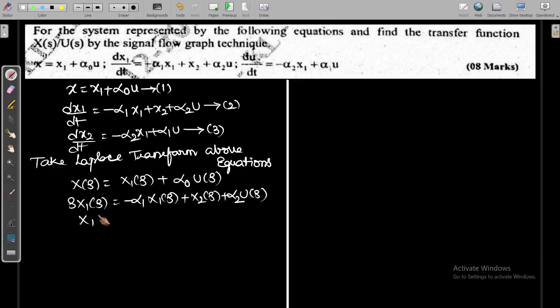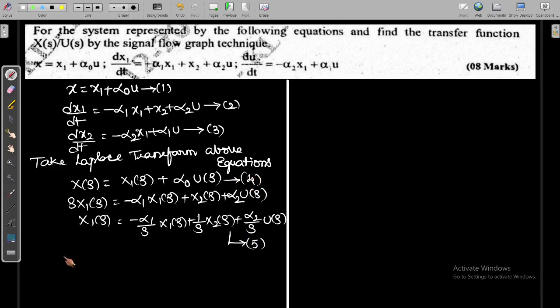So X1 of s can be written as minus alpha 1 divided by s into X1 of s plus 1 by s into X2 of s plus alpha 2 by s into U of s. This is equation number 4, this is equation number 5.